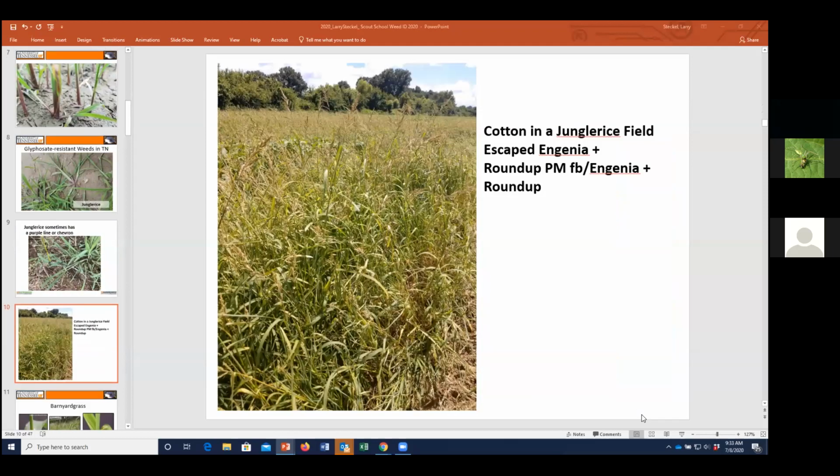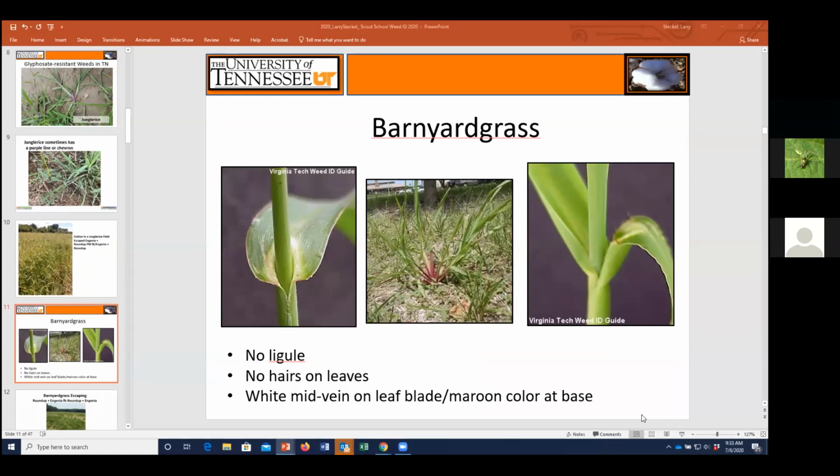But then here's jungle rice or barnyard grass emerging in a cotton field. You can see how tall it grows there in the field, and see that type of seed head at full maturity. So barnyard grass is just like jungle rice.